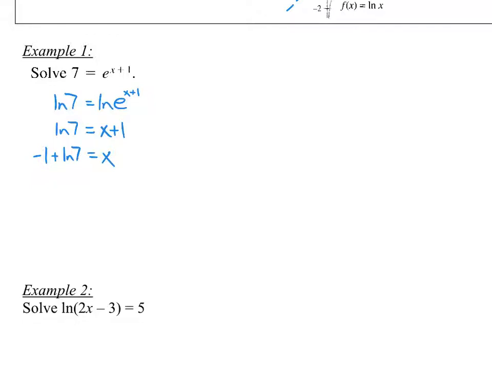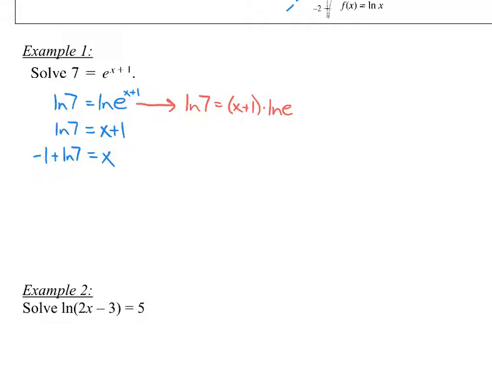Now, if you recognize the inverse relationship, that's good. This is kind of the second option that people will use. They'll either take the log of both sides or the natural log of both sides, but then they will use one of the laws of logarithms, the exponent rule. They'll say that ln of 7 equals, and they'll bring the exponent out in front, so it's x plus 1 times the ln of e.